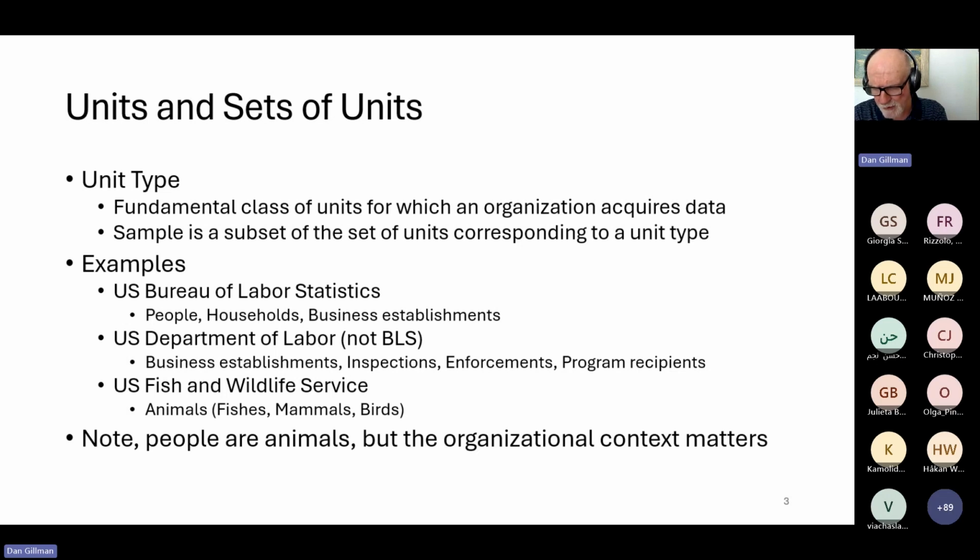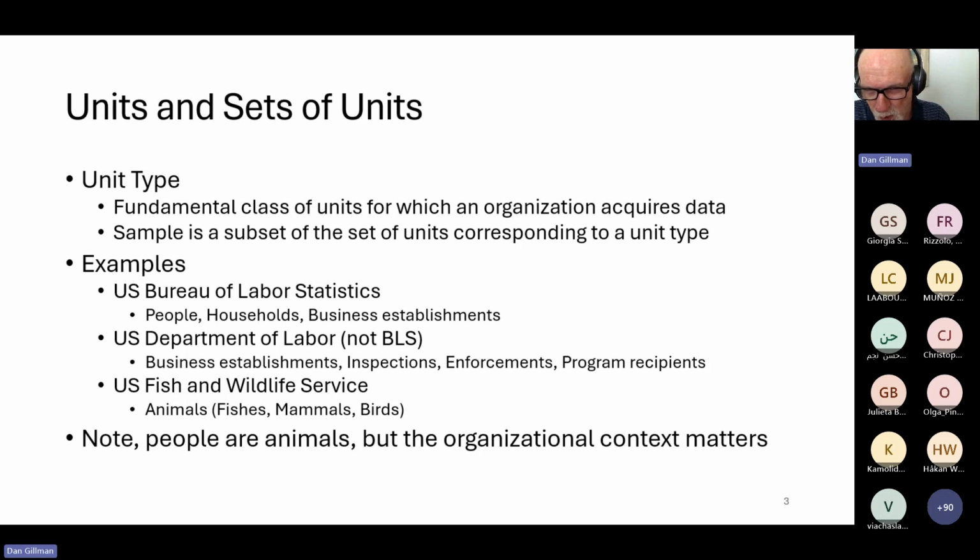So when we think about units, we can describe units in various levels of detail. So we have the fundamental idea of something called a unit type. It's the fundamental class of units for which an organization requires data. A sample is a subset of this set of the unit type.